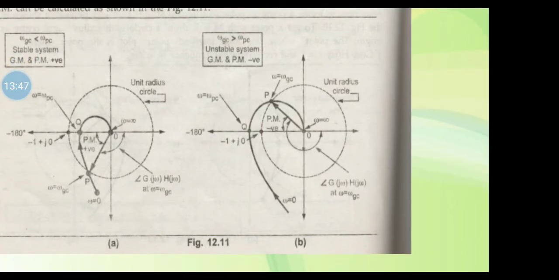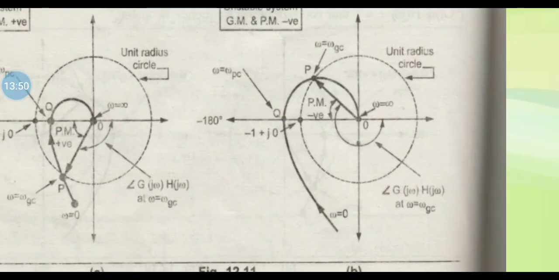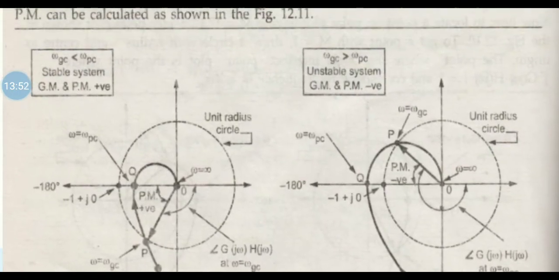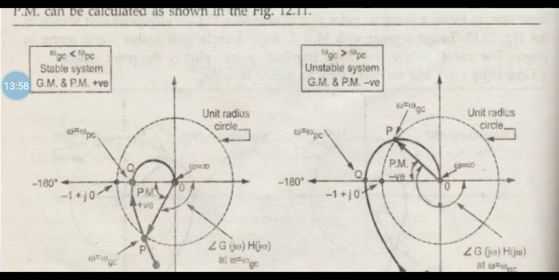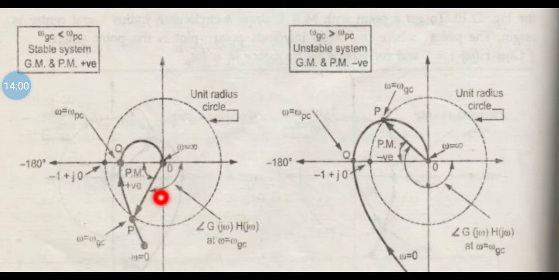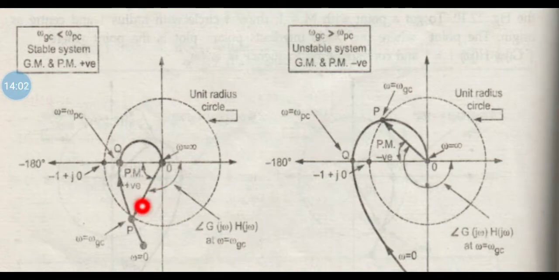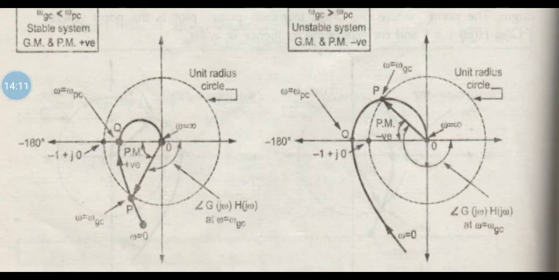So you can see here, phase margin is 180 degree plus angle of g of j omega h of j omega at omega is equal to omega gc. Here phase margin is positive.